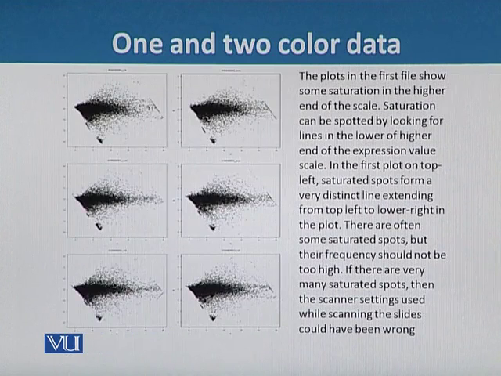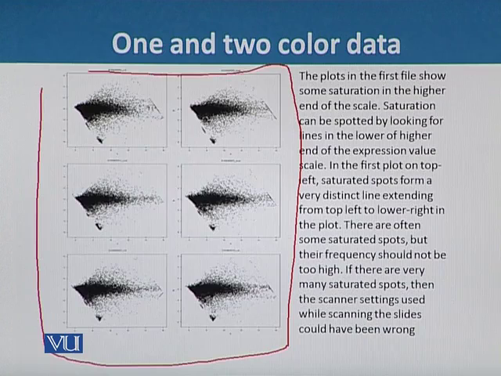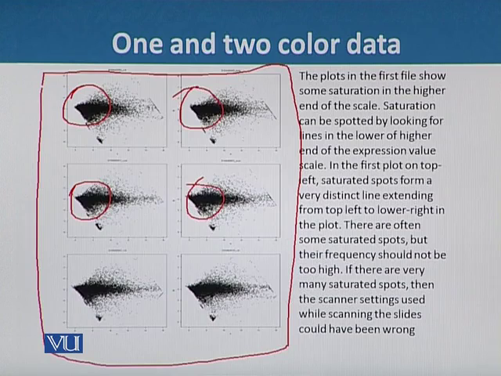After using that command, we will get the 6 plots, and the plots in the first file show some saturation at the higher end of the scale. You can see saturation. Saturation can be spotted by looking for lines at the lower or higher end of the expression value scale.